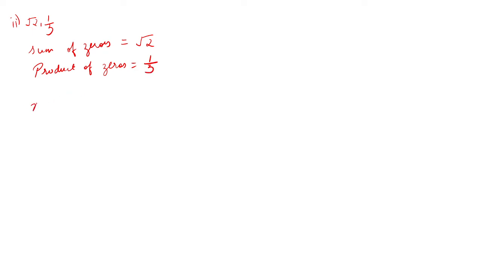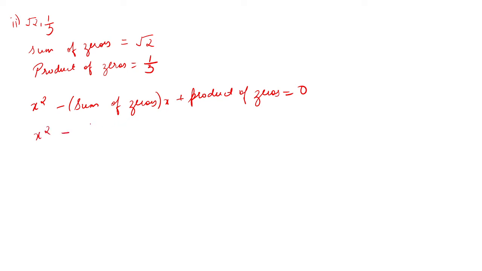So just use the formula: x square minus sum of zeros times x plus product of zeros, and equate it to 0. So x square minus root 2 x plus 1 by 3 equal to 0.